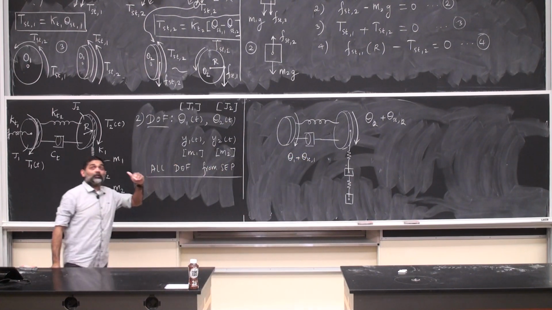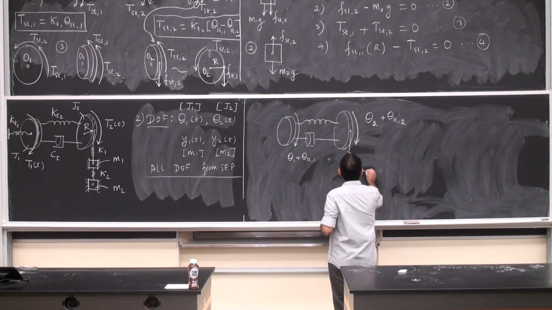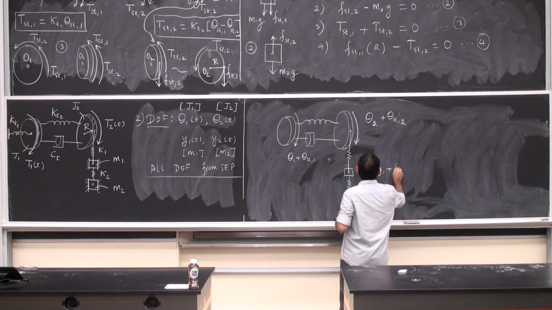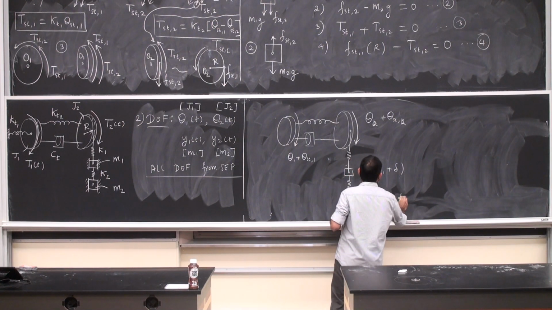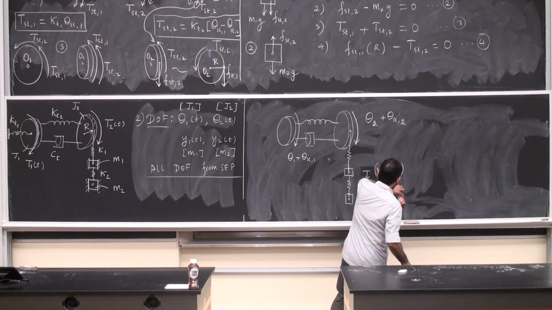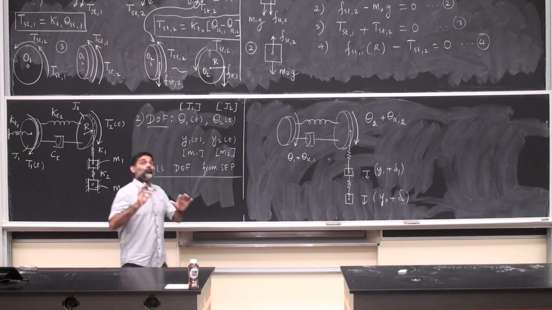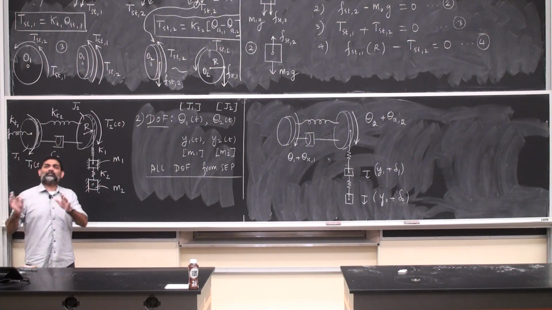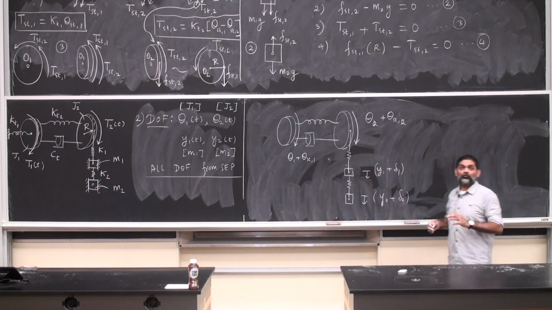I'm also once again drawing the net deflection of the masses, so that's going to be y1 plus delta 1, y2 plus delta 2. You are welcome to draw only y1, y2, theta 1 and theta 2 and then say they are all marked from ACP. That's also completely fine. Okay? So that's another way of doing it too.